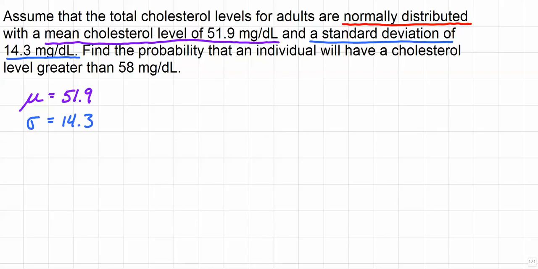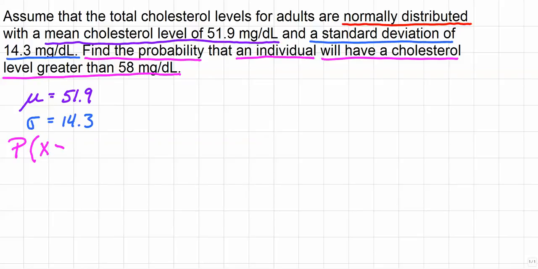It states, find the probability. That means it's going to be a probability function that an individual will have a cholesterol level greater than 58 milligrams per deciliter. I can write that as the probability that some x is greater than the target number of 58. So that's our probability statement.